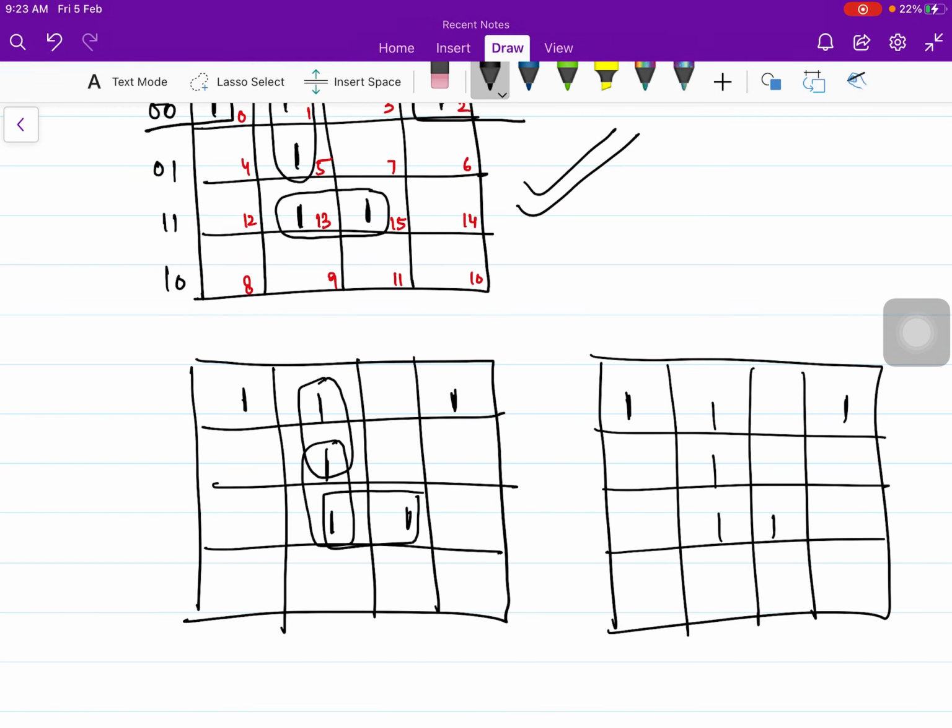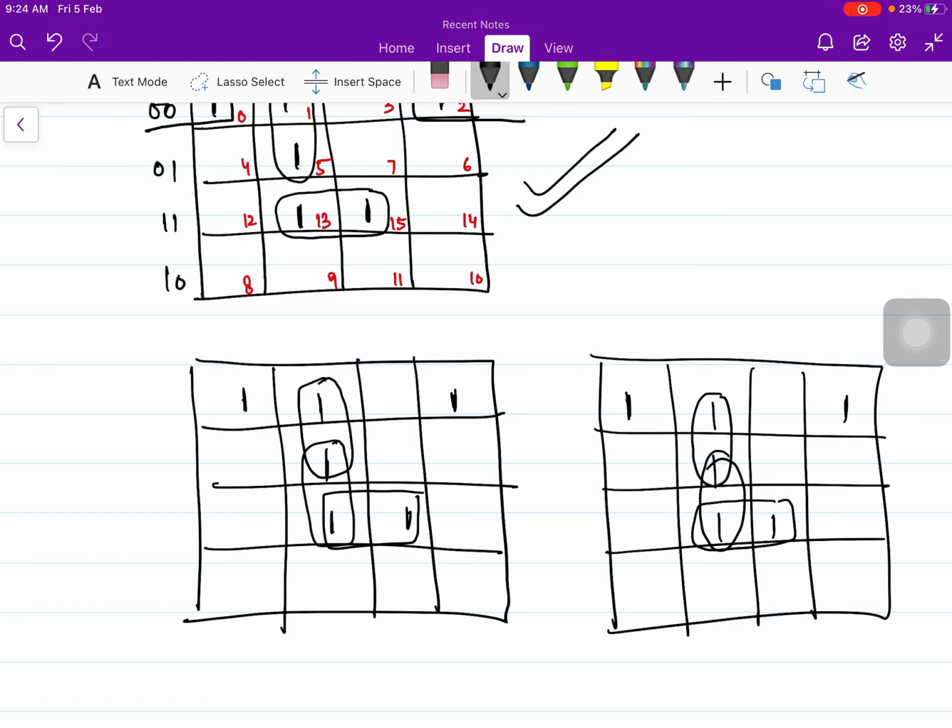When you are grouping this one with this one, then two ones are left ungrouped. The grouped one can be used to make a group of uncovered ones if it would have been a bigger group. But you are making a group of the same size, that is a group of two. Then why make this group?